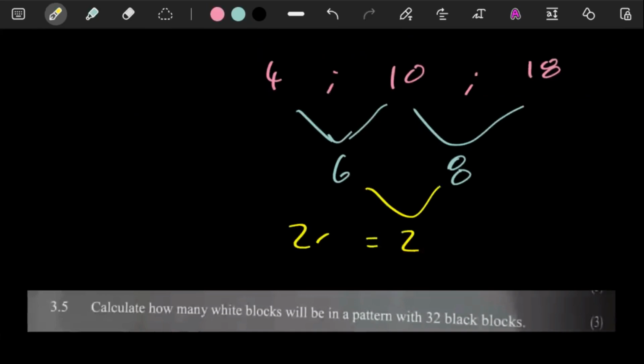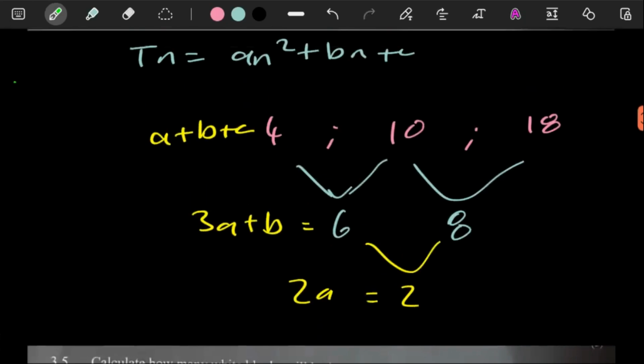So the first differences are 3a plus b and the first term is a plus b plus c. The idea is 2a is equal to 2. Divide both sides by 2, and you're going to have a as 1.